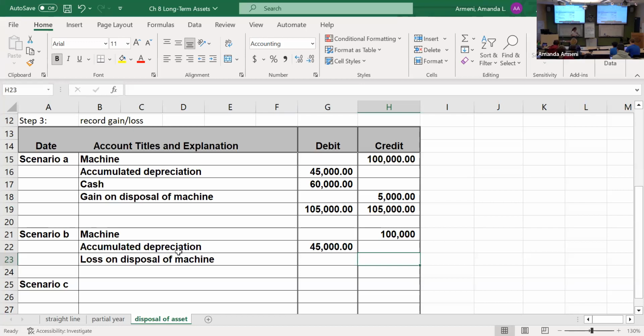And if my book value is $55,000 and I got nothing for it, then my loss is $55,000. It's not a credit. It's a debit, $55,000. And the reason it's a debit is because losses act just like expenses. And expenses always decrease equity. So that loss is going to be a debit in your journal.